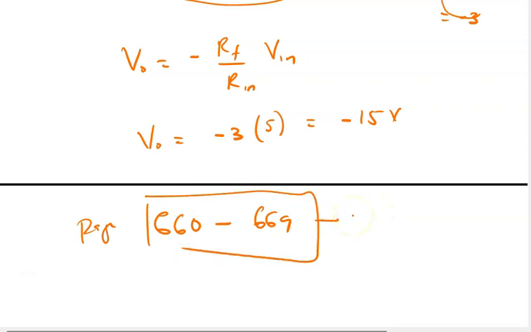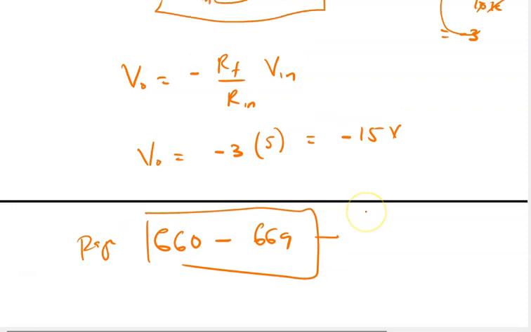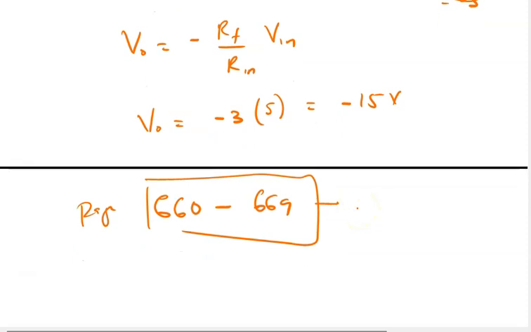So solve the questions there. If it's multiple choice questions, the differences between the ideal op amp and the practical op amp can be asked a lot. So try as much as possible to solve the questions there, and I believe that you'll be good to go. So I wish you the best of luck.